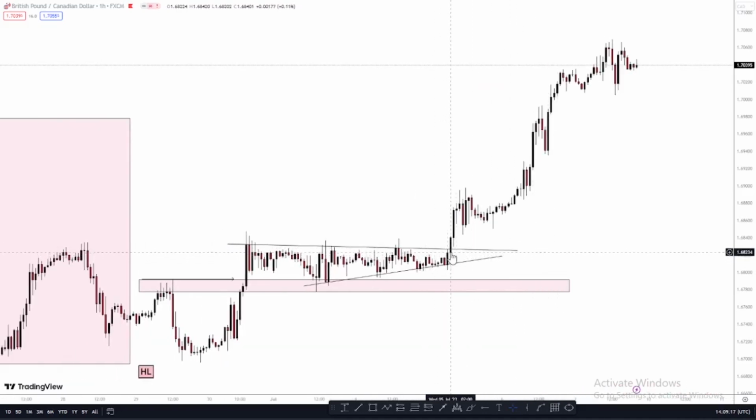So can we see the breakout? Yeah. Price broke out with this bullish momentum candlestick.